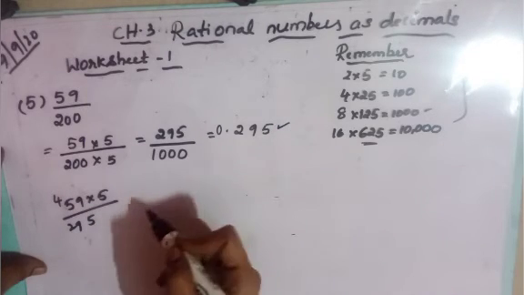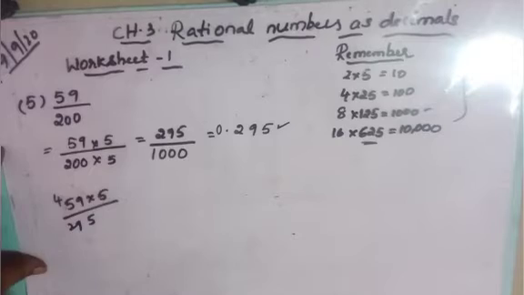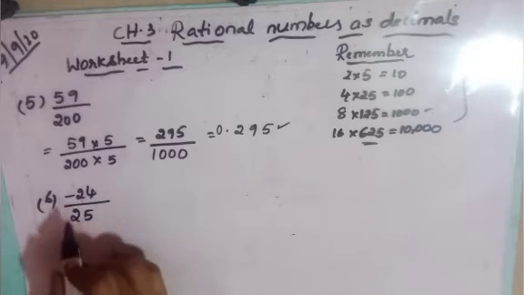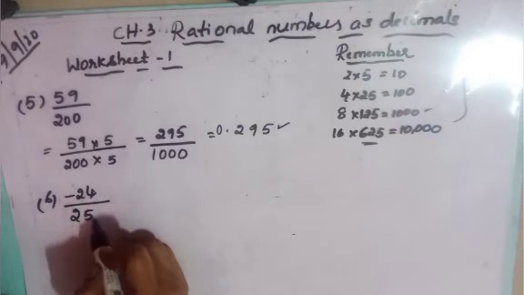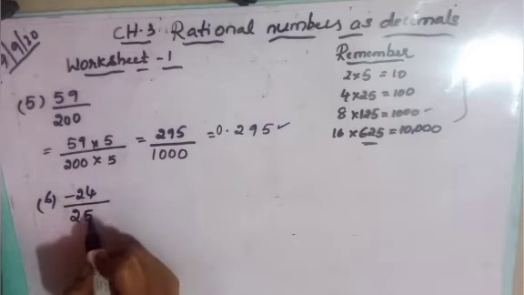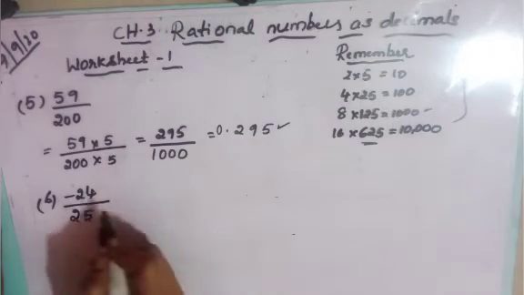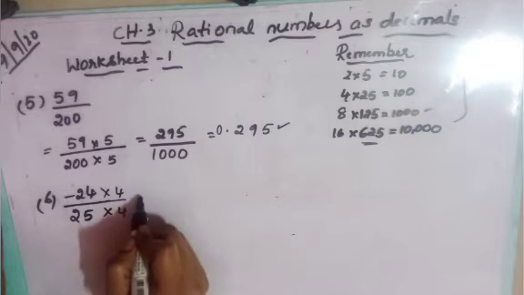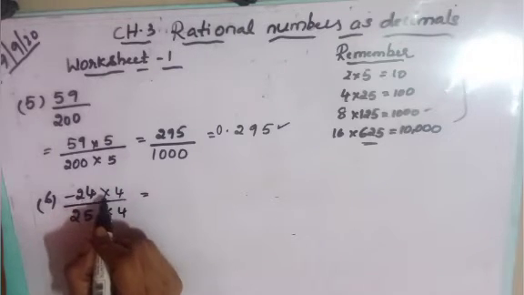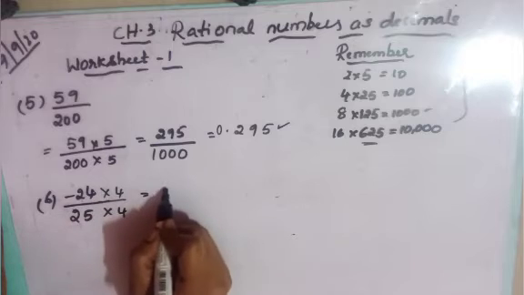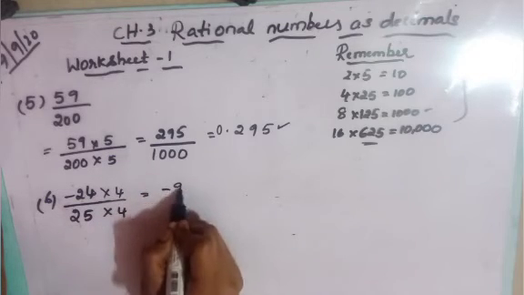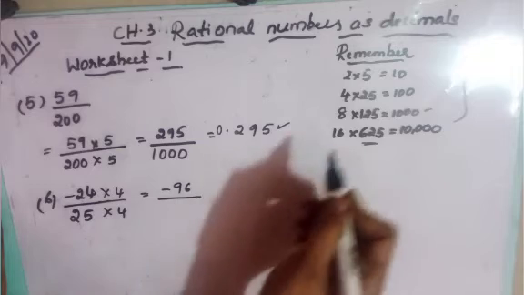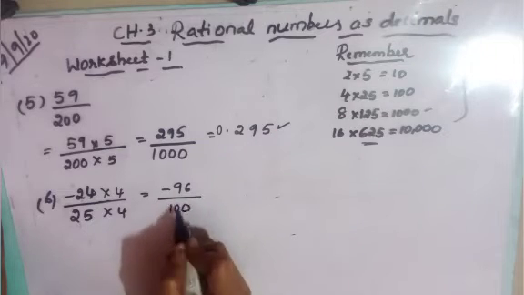Let us go for the next one. Next one is minus 24 by 25. If it is 25, we have to multiply with 4. So multiply numerator and denominator with 4, equals minus 24 into 4. When we multiply we'll get minus 96 by 25 times 4, which is 100. So write here 100.